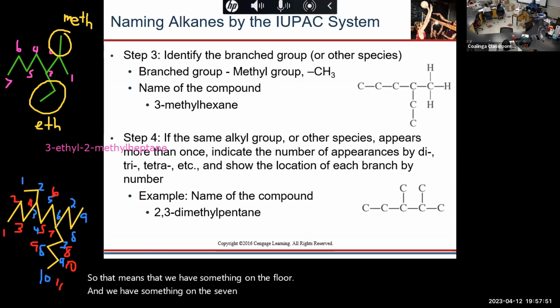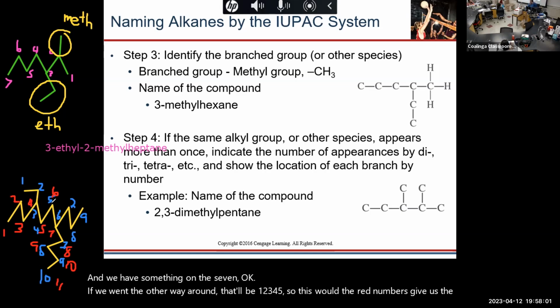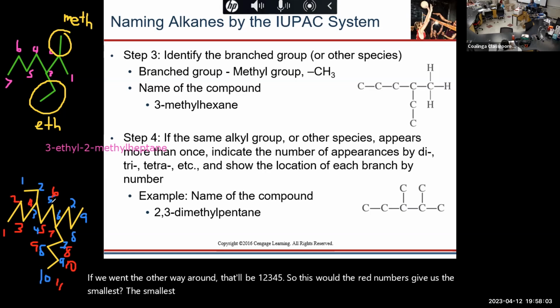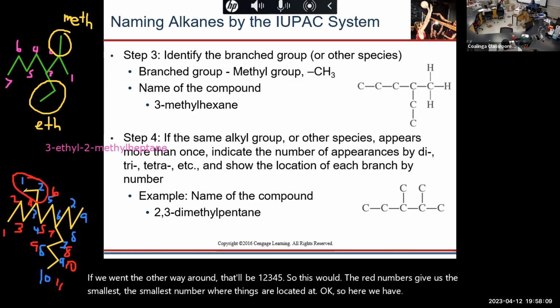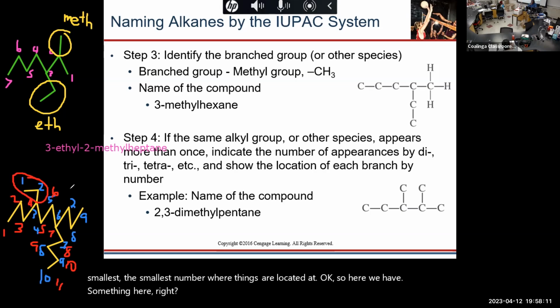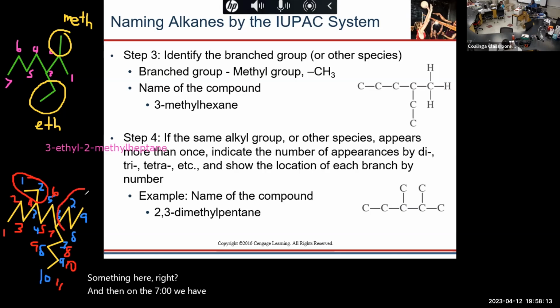If we went the other way around, that would be 1, 2, 3, 4, 5. So the red numbers give us the smallest number where things are located. Here we have something on the 4, and on the 7, we have something.